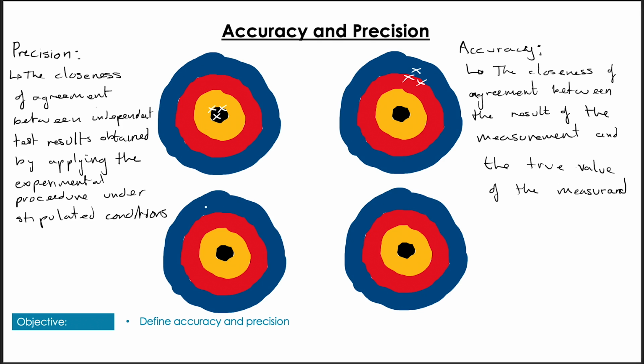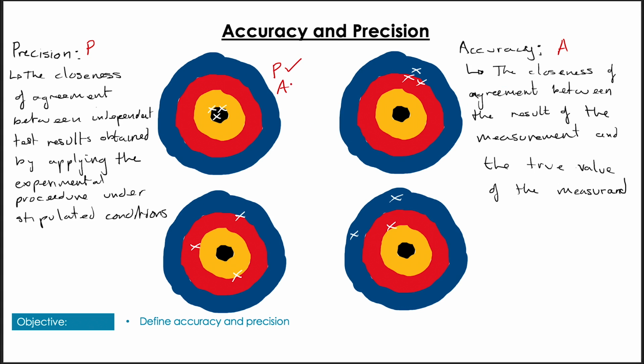So if we put 3 marks on each, we can evaluate each of these groupings using our definitions. If we say P for precision and A for accuracy, for the sake of ease, we can look at this first top left target and we see that they are both near each other, being precise, and near the center value, accurate.